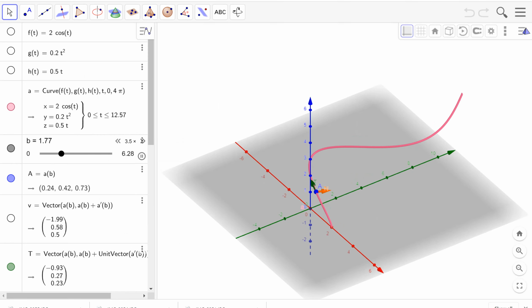And when it goes around, you can see how the unit tangent vector and the principal unit normal vector change. They are both unit vectors, which means the magnitudes of them are 1, but they show direction. Okay, so let's come back.